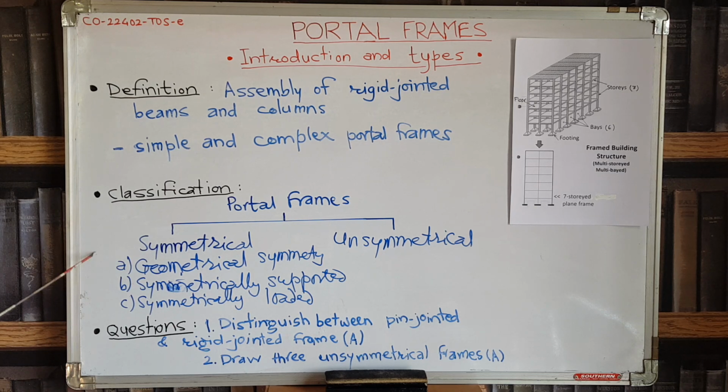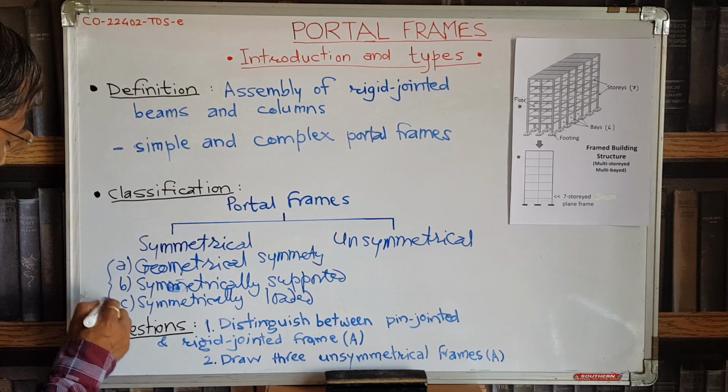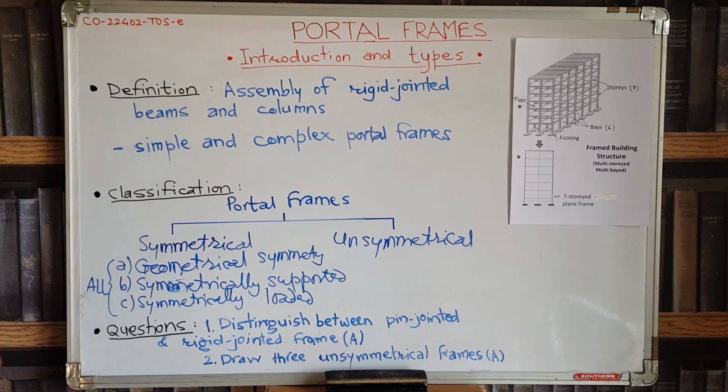If a frame satisfies all these 3 conditions, it is essential that all these 3 conditions should be satisfied, not only 1 or 2, then this frame will be called a symmetrical frame. Otherwise, it will be called an unsymmetrical frame. Any frame which does not satisfy even one of these conditions will be termed an unsymmetrical frame. Now we will take some examples of symmetrical and unsymmetrical frames so that we can understand these 3 types of symmetry clearly.